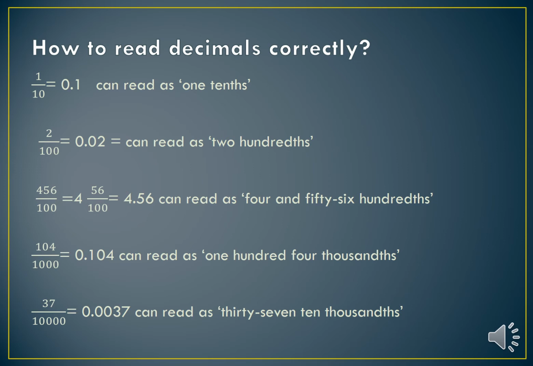It can be read as 37 ten-thousandths. 0 is tenths, 0 is hundredths, 3 is thousandths, and 7 is ten-thousandths. So it will be read as 37 ten-thousandths.